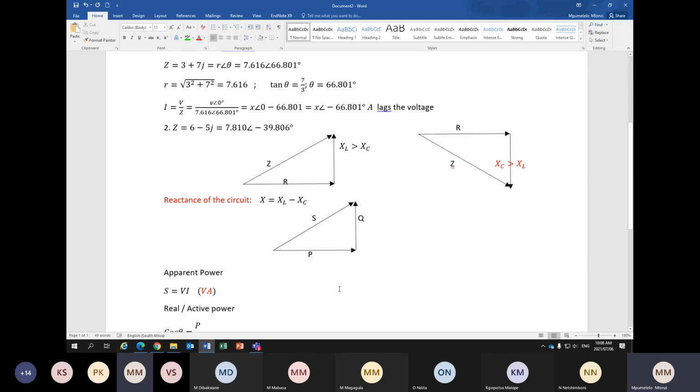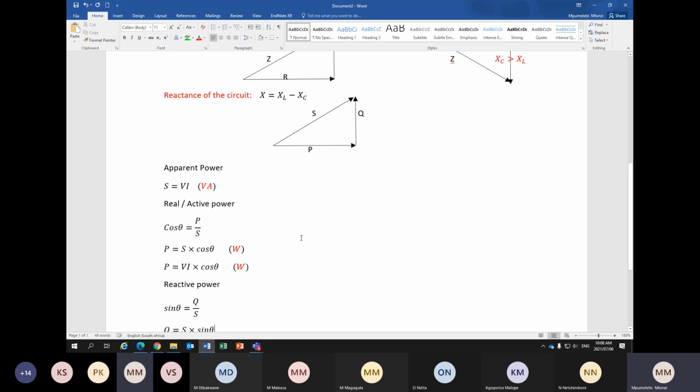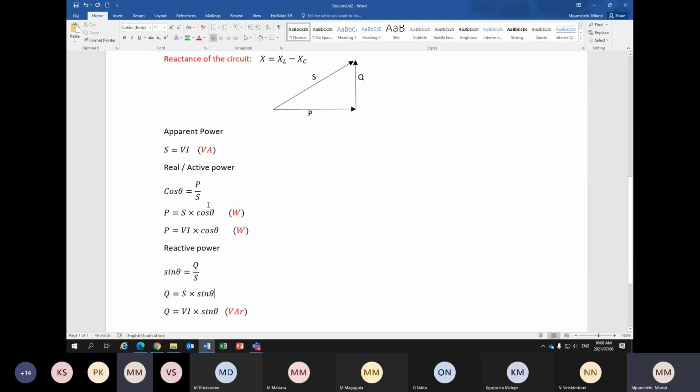Now, looking at these equations or triangles, we see that the real power is on the real part, where the resistor also lies. There is also another formula which you can use, which involves the resistor.